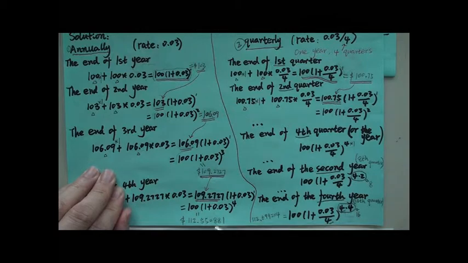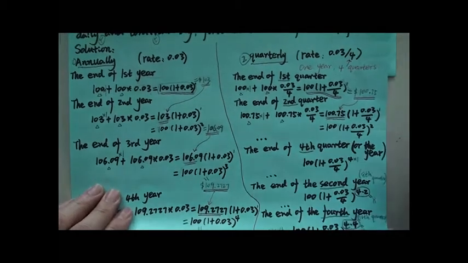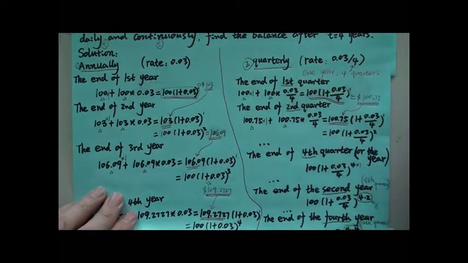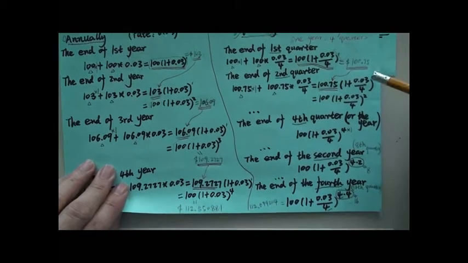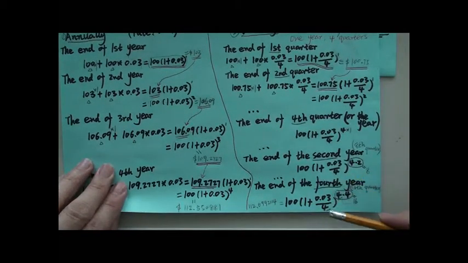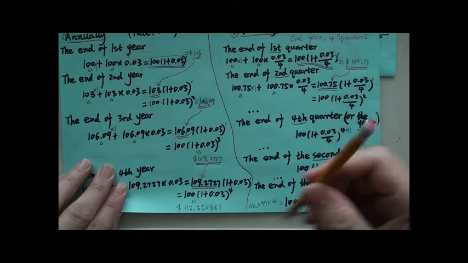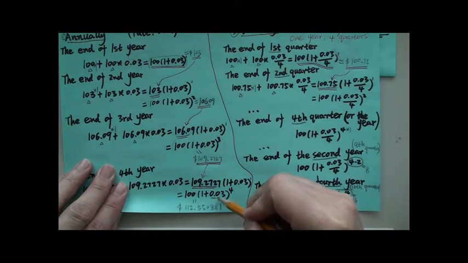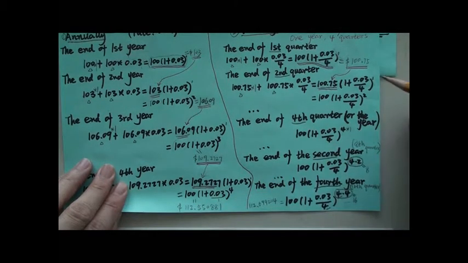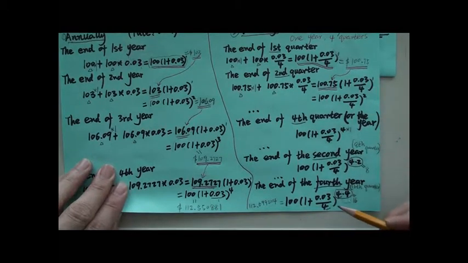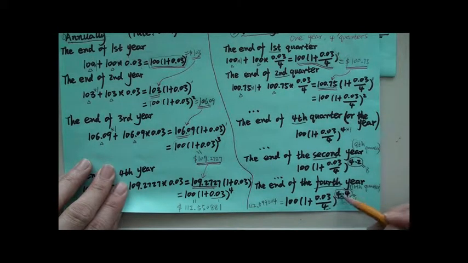This number is greater than that. That's why compounded quarterly is better. Remember the pattern here. Compounded annually is actually 0.03 divided by 1 if you want to write. Compounded quarterly is 0.03 divided by 4 as an interest rate, and then here is 4, here is the number of years.